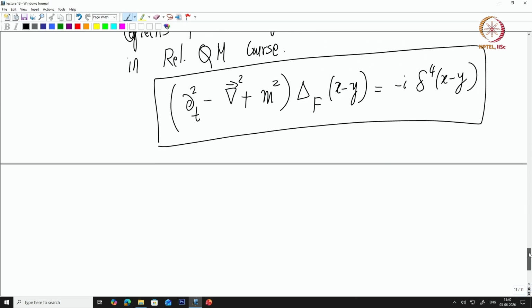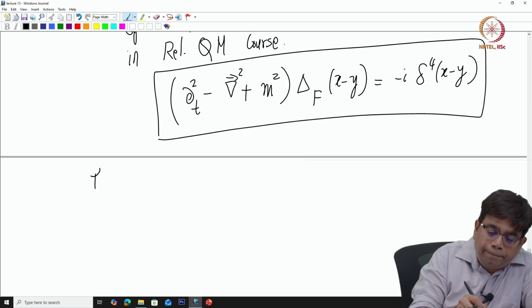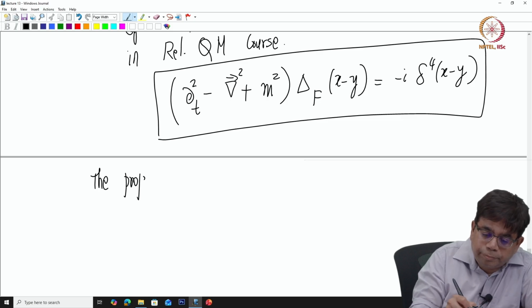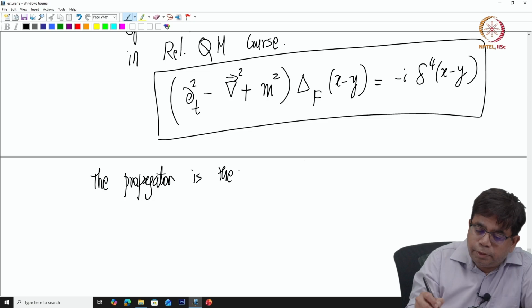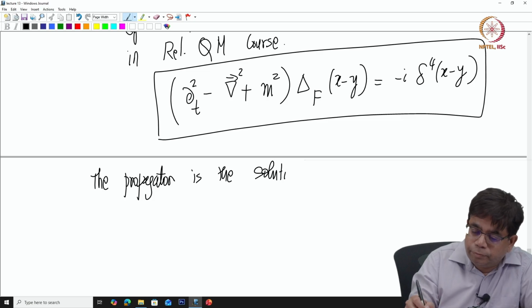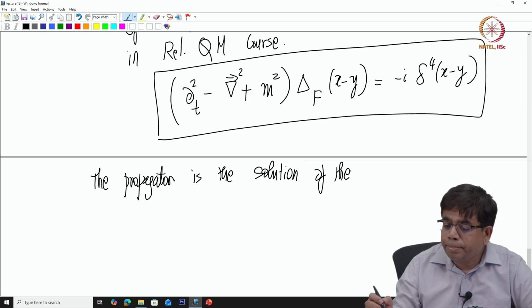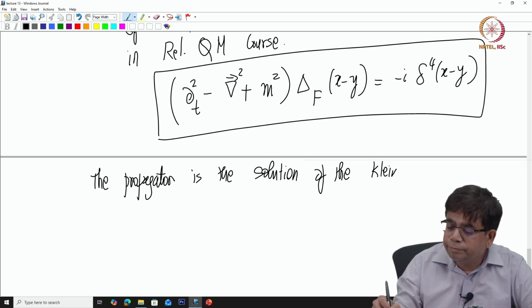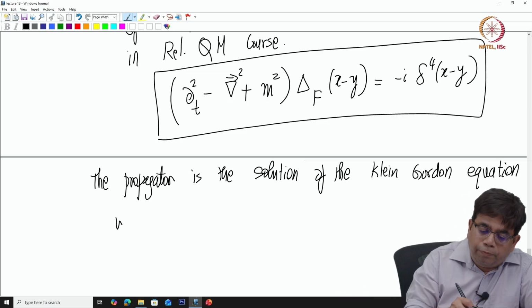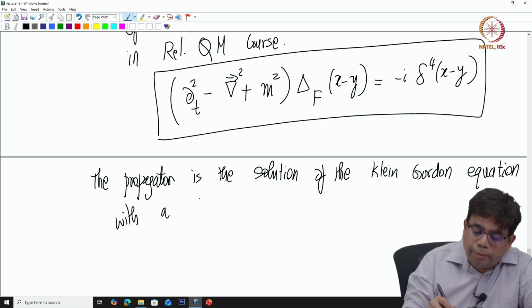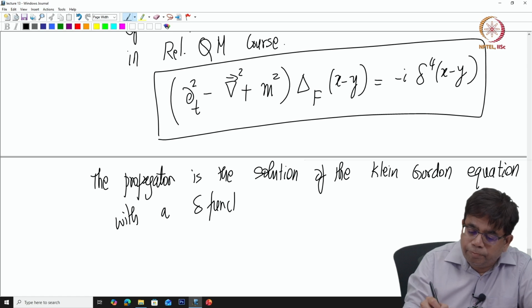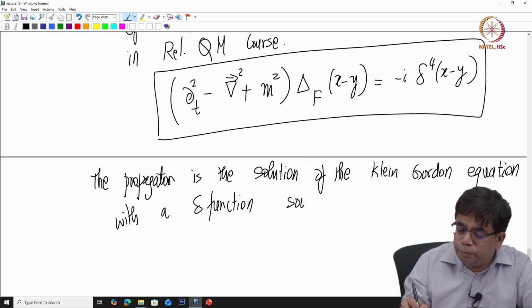This is something you may have known from your relativistic quantum mechanics course, but it is just a repetition. The propagator is the solution of the Klein-Gordon equation with a delta function source.